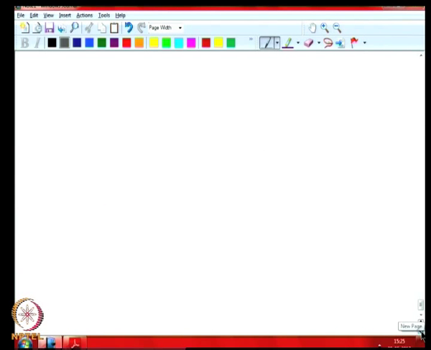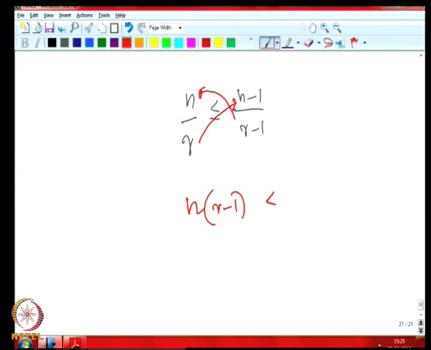So now, in general, we want to show that n by r is less than or equal to n minus 1 by r minus 1. You just multiply, and you get n into r minus 1. We want, if this is correct, the earlier one is also correct, r into n minus 1.